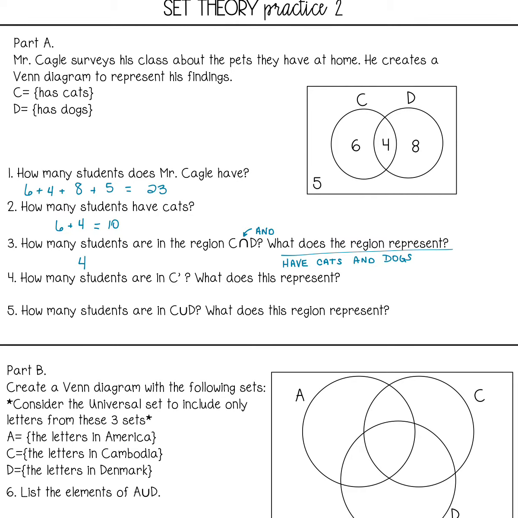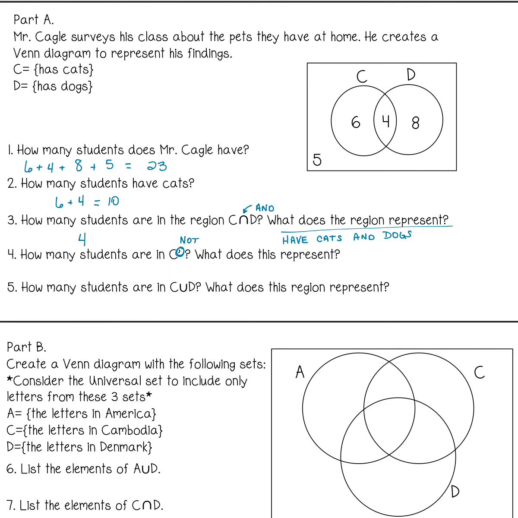Our next one, complement of C. How many students are the complement of C? How many students are not in C? So that is anyone who does not have a cat. So students who do not, there's that not word. Remember our trigger words.